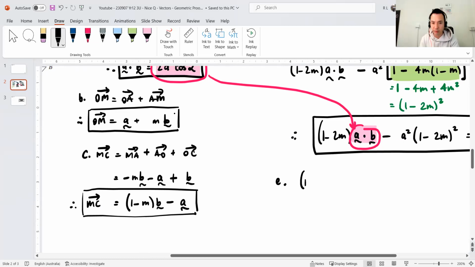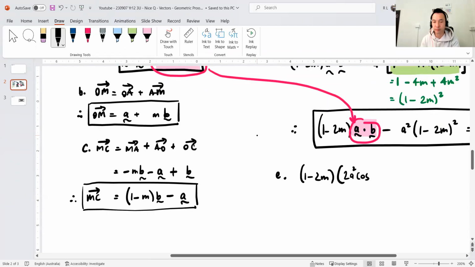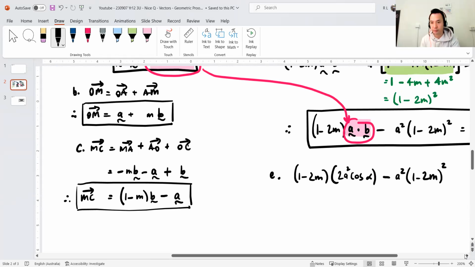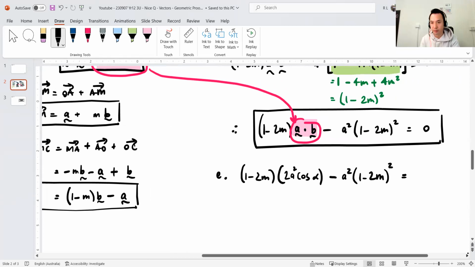Sub it in and you get 1 minus 2m times 2A cos, no, A squared, wasn't it? Yep, alpha minus A squared 1 minus 2m squared equals 0. Maybe I'll factorize one of these brackets out. Right, factorize one of these brackets out.